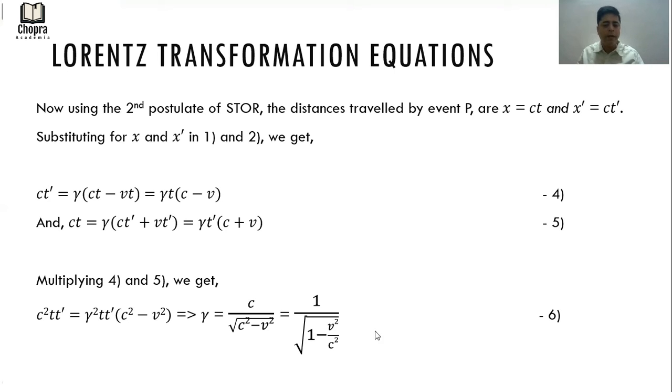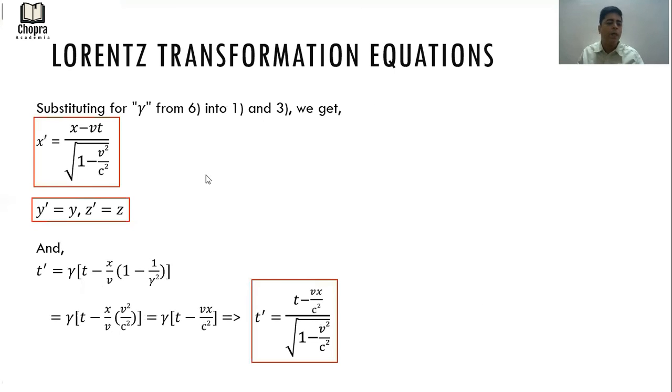We get x' is equal to (x minus vt) by root of 1 minus v square by c square. y' and z' remain same, and t' becomes equal to gamma times (t minus x by v (v square by c square)). You have to substitute for gamma square here in this equation. So I get t' to be gamma times (t minus vx by c square), or t' is equal to (t minus vx by c square) by root of 1 minus v square by c square.